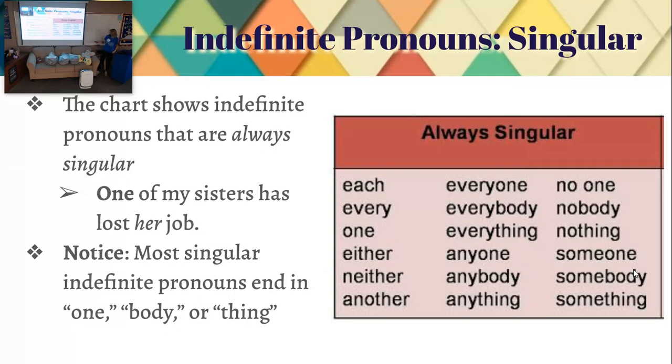Look at it. One, everyone, everybody, everything, anyone, anybody, anything, no one, nobody, nothing, someone, somebody, something. Most of these singular indefinite pronouns will end in one, body, or thing. So that's just kind of an easy way to remember it. And then, of course, you have these ones that are just those randos, you'll kind of have to just get familiar with. But a good rule of thumb is to just remember that trick.